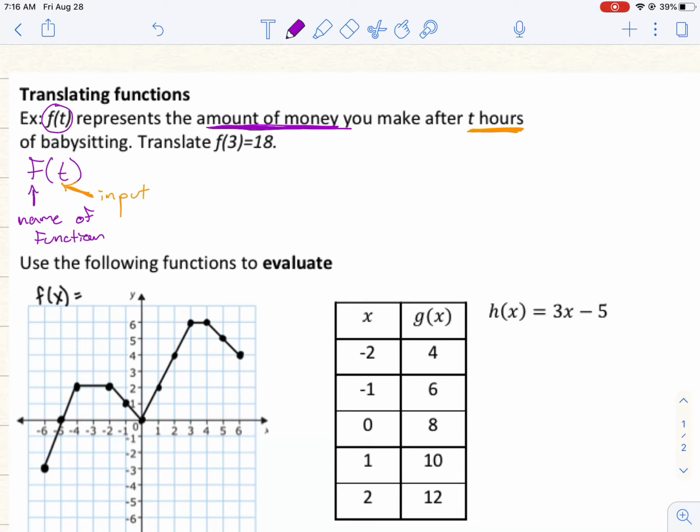So if f of t, the function, is representing the amount of money and t is representing the number of hours, then f of 3 equals 18 is saying that my input of 3 has an output of 18.